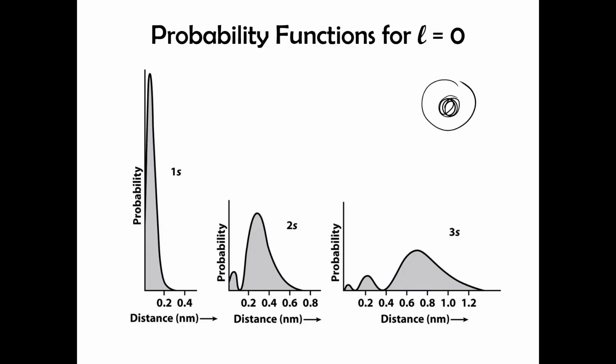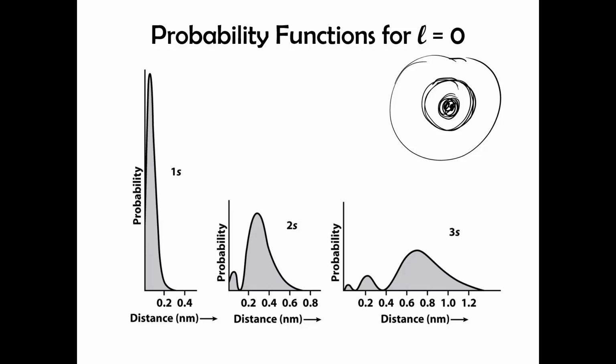Think about potassium: there's 1s, 2s, 3s, and 4s, so we have 4 s orbitals and a total of 7 electrons in s orbitals. They just have different quantum numbers, or different energy levels. The first one is here, and the second one has to be further away, so there are dividers in the middle so they don't interfere. There's an area where you don't have any electrons at all.